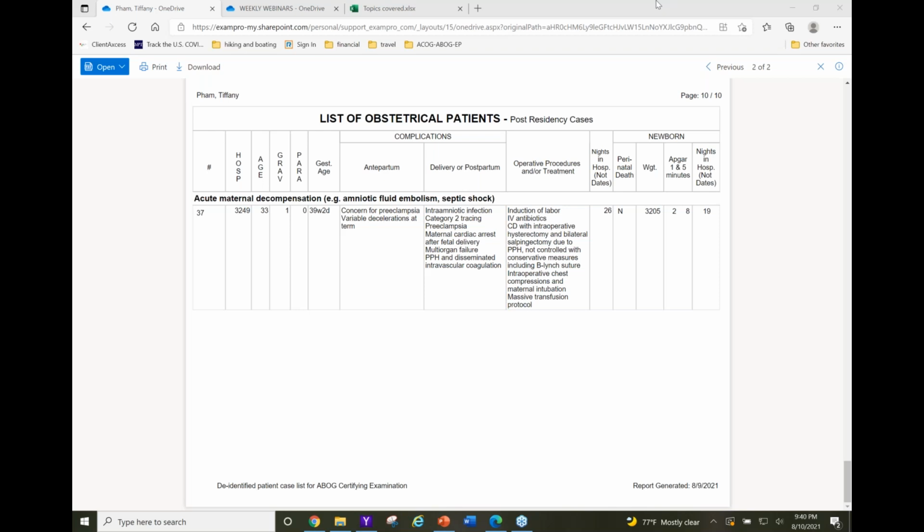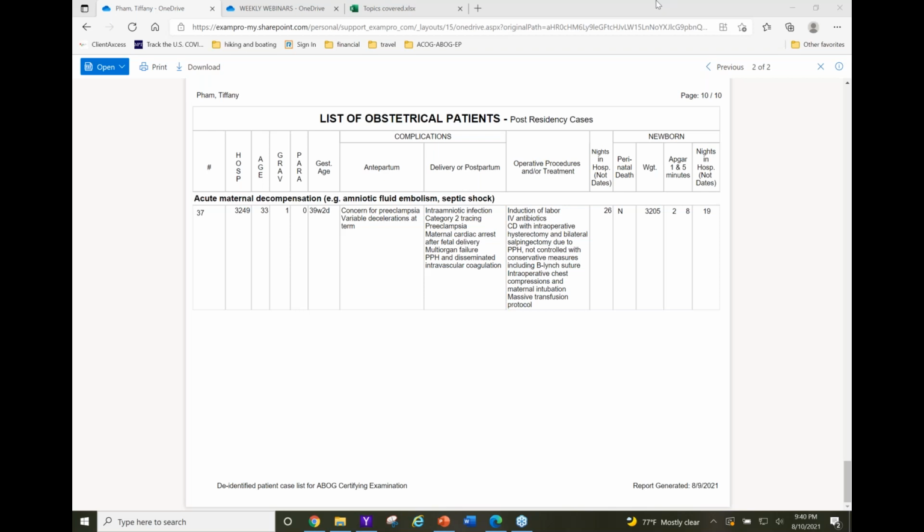The one thing I would do differently is the treatment column, okay? The treatment column looks a little bit narrative. I like the list in general to be bullet points. So when I look at the treatment column, I'd be thinking induction of labor, then IV antibiotics, which was for the chorio.